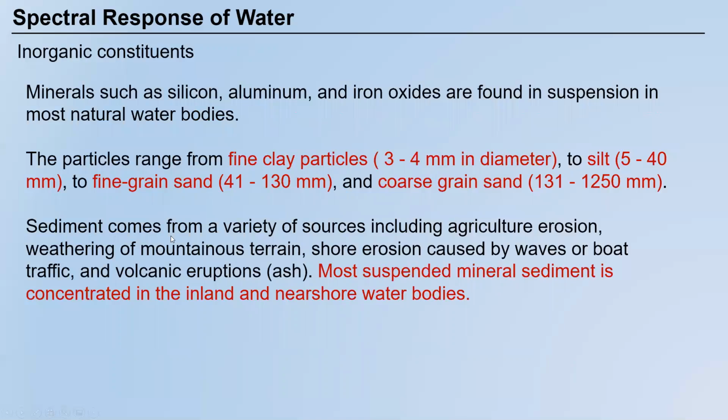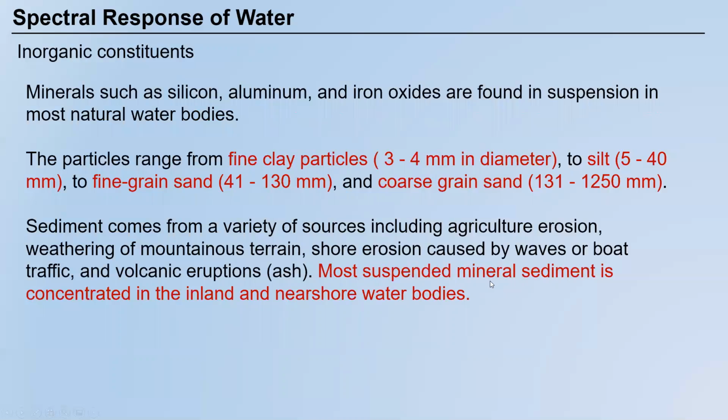And the sediment comes from a variety of sources. What's the origin of these particles? Including agriculture, erosion, right? Weathering of mountainous terrain. This is nature, right? Shore erosion caused by waves or boat traffic. So this could be human activity, could be nature. And volcanic eruptions. This is pure nature.